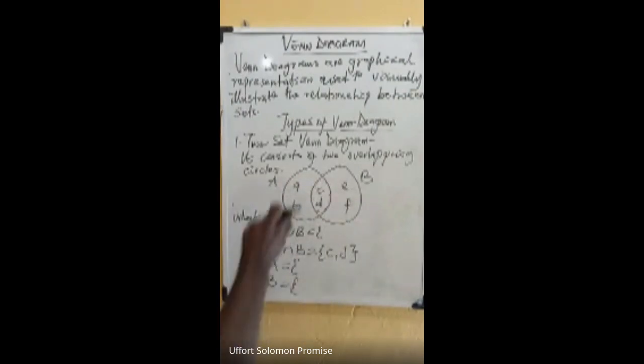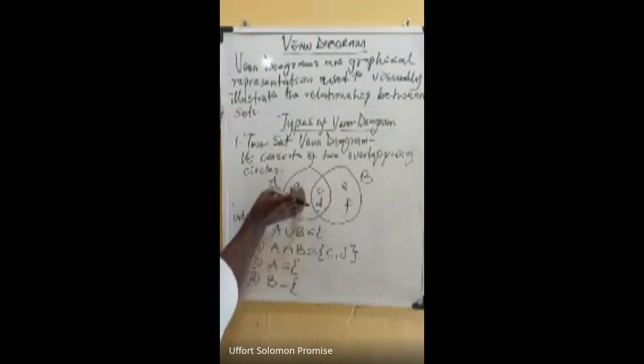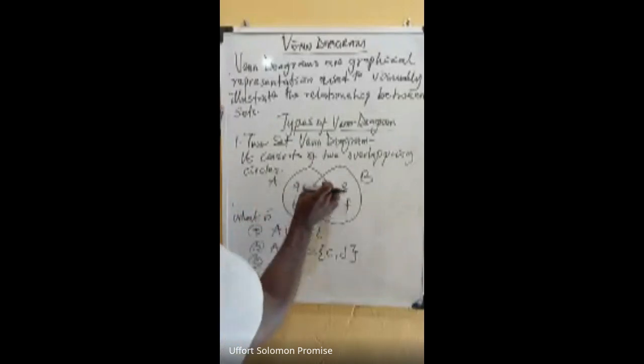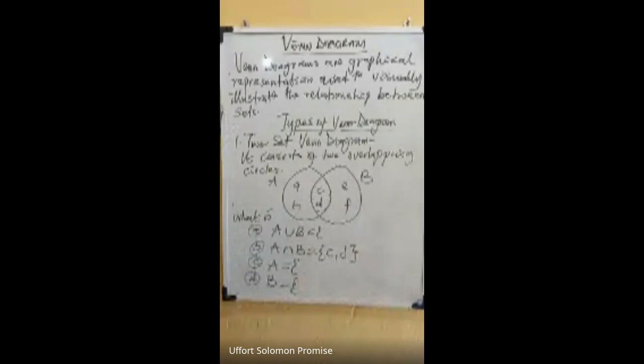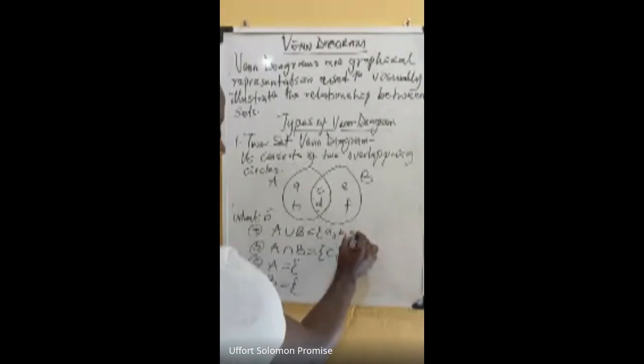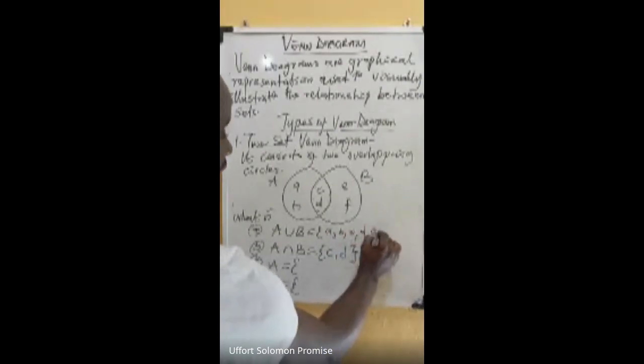That includes the remaining content in this circle, the content in the overlapping, and the content on this other side. That is your union. So your union is A, B, C, D, E, and then F.